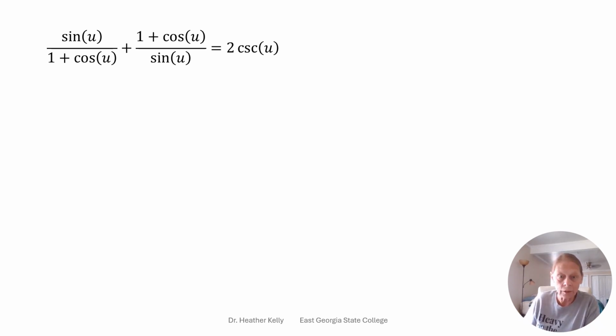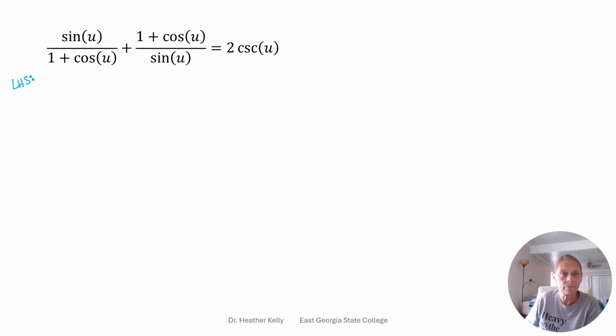So let's work here with our left-hand side. Sometimes you have to work the left-hand side and the right-hand side separately and hope that you meet in the middle somewhere. Just saying. Okay, so let's work the left-hand side here. Now I'm going to take advantage of the fact that we can cross multiply. The left-hand side becomes sine squared u. Ooh, let me think about how I want to do this.